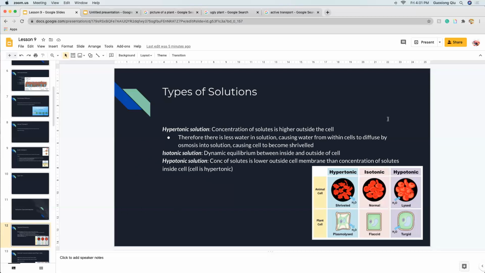Therefore, there's less water outside. Because of that, the water from within the cells leaves through osmosis to go into the solution, causing your cell to become shriveled.